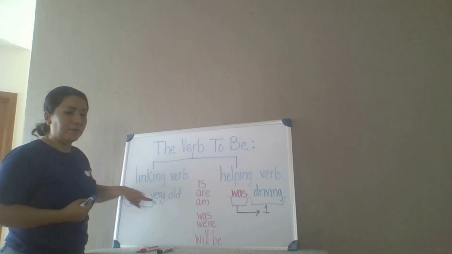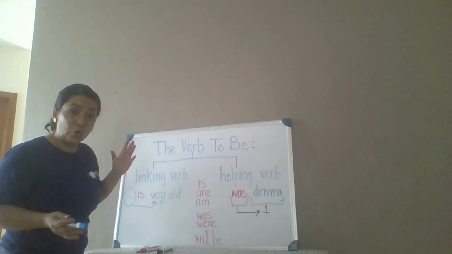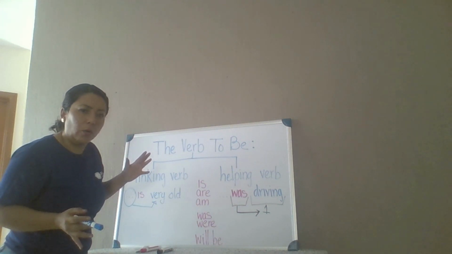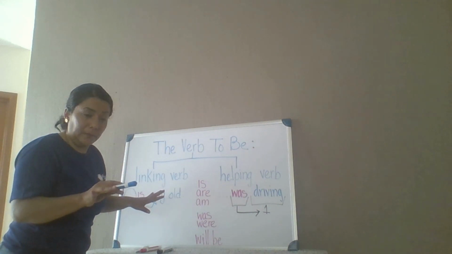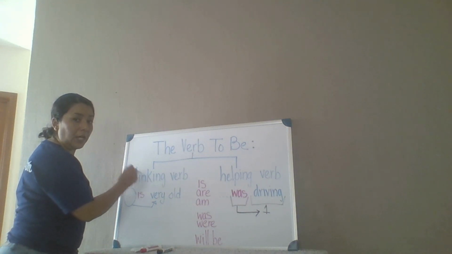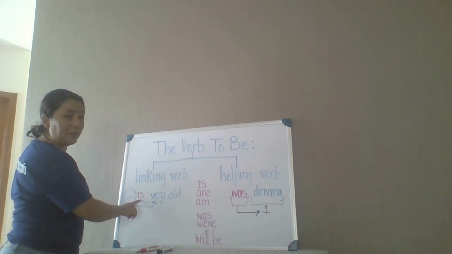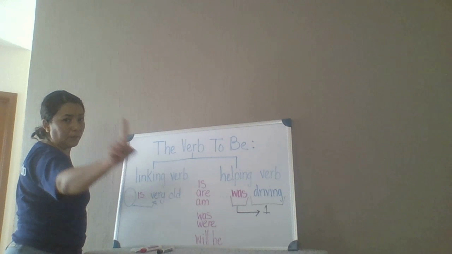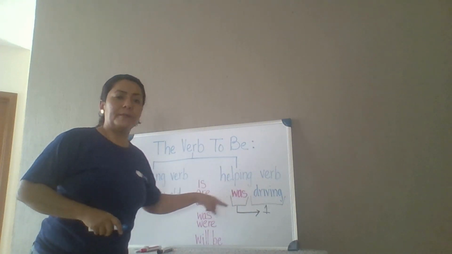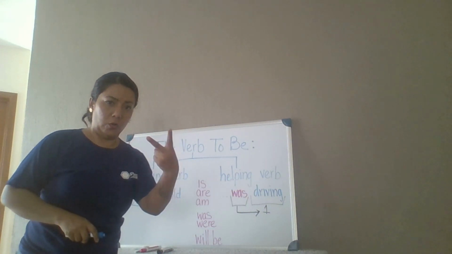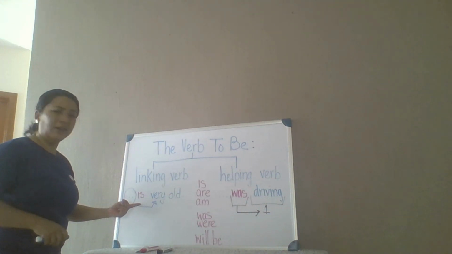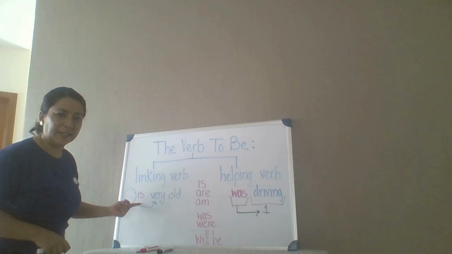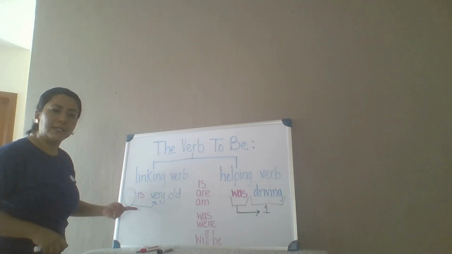The castle is very old. Do you see an action? No. It is only saying the castle is old. So we call that linking verbs. How many verbs do you see here? Just one. How many verbs do we have here? Two. So this one helps the main one. And here, there's no help needed. It only links information to the subject.